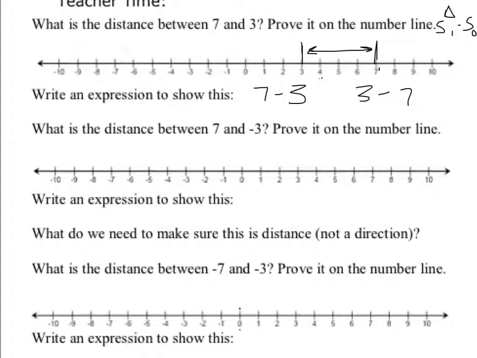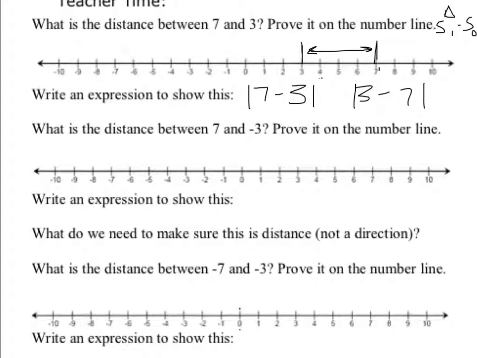Callie? Absolute value. Absolute value. So linking that with what we're doing today, I don't really care about direction, so I'm going to use absolute value to make sure that both of these expressions really just tell me the distance without a direction. I want to make sure that these two are the same. This is going to tell me a non-directional distance.